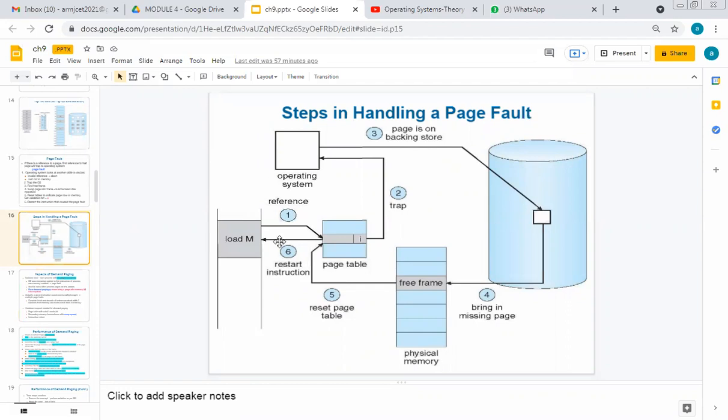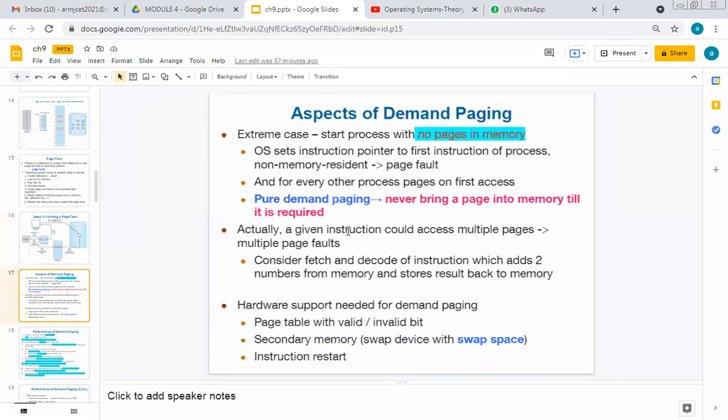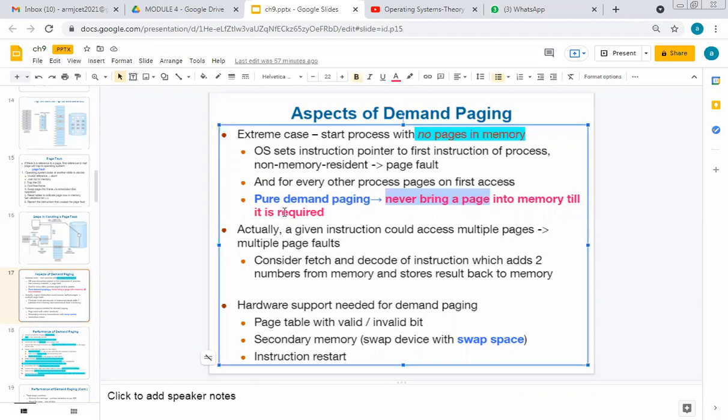If process B did not require page number 19, where 20 was present, there is no need to change it because there was no request. So never bring a page until it is required. That is called the pure demand paging method. Only after the request do we change.